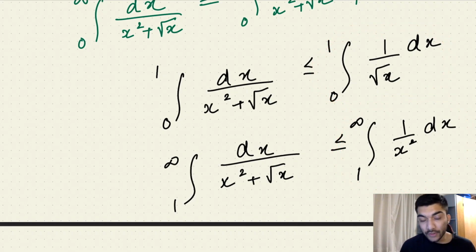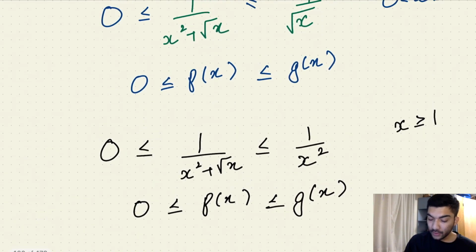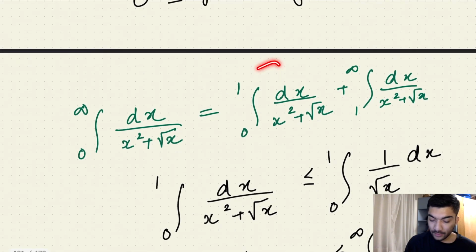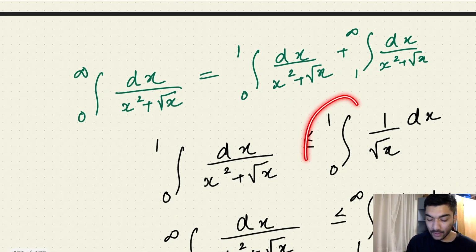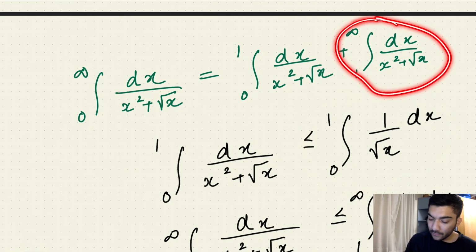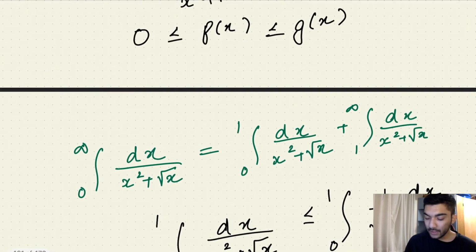So you know that both of these integrals converge, right? So now if both of these integrals converge, we know that this combination of two individual integrals will also converge, because we proved that this integral converges by proving that this integral converges, and we also proved that this integral over here converges because of the convergence of this integral over here.